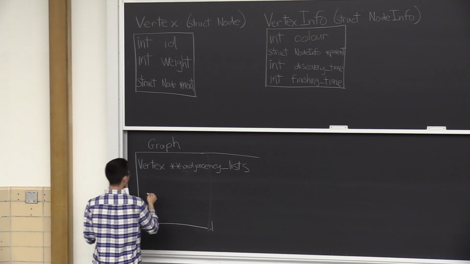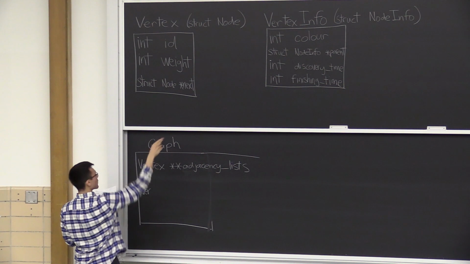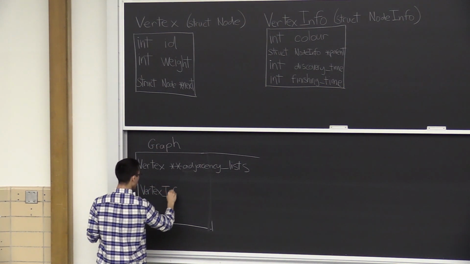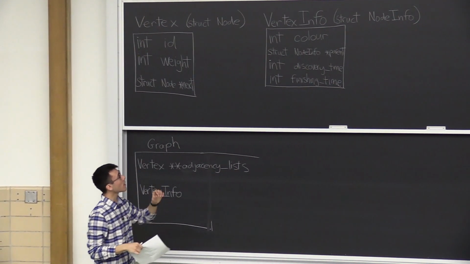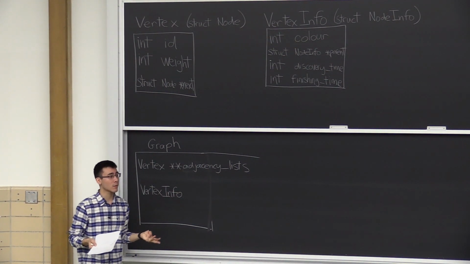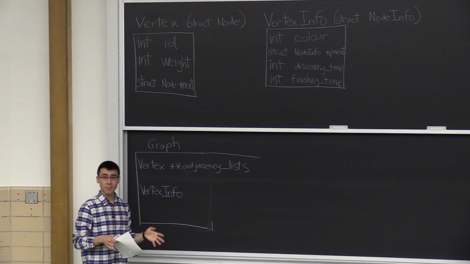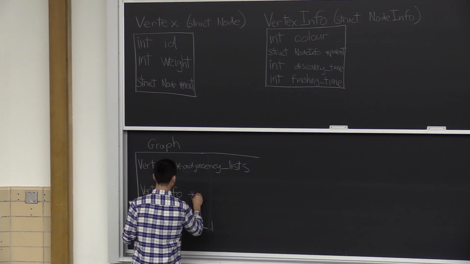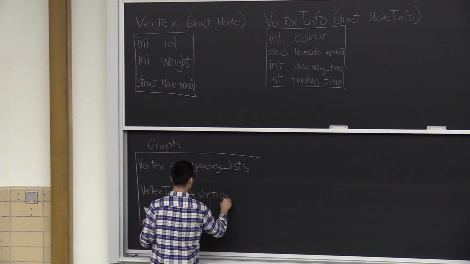Okay? Another thing we can have is that guy over there, vertex info. Vertex info. And we're going to have multiple vertices. I'm not really sure how many vertices we'll have, because the way we're going to code it is that we can have any number, because we'll be using dynamic memory. And so the way that we can do this is just make a pointer. We're not going to make strictly an array of vertices.